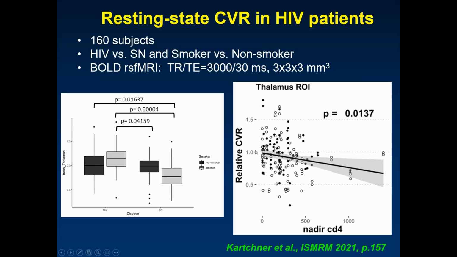And this thalamus relative CVR is also significantly correlated with the nadir CD4, which is a count related to viral load. This nadir CD4 has also been shown to be correlated with cognitive function. So therefore, this relative CVR may also show some association with cognition in these HIV cohorts.